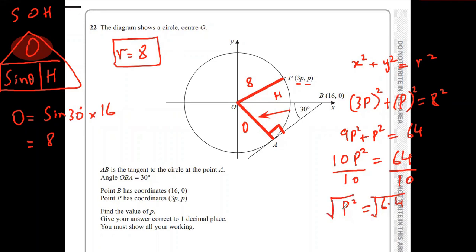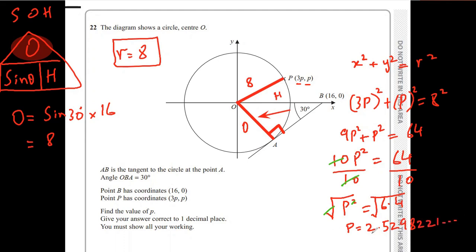6.4. If we square root to find p, we have to use a calculator for this: square root of 6.4, and that will give me an answer of p is equal to 2.5298.